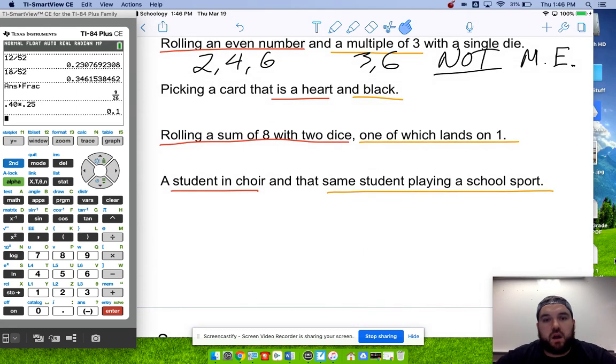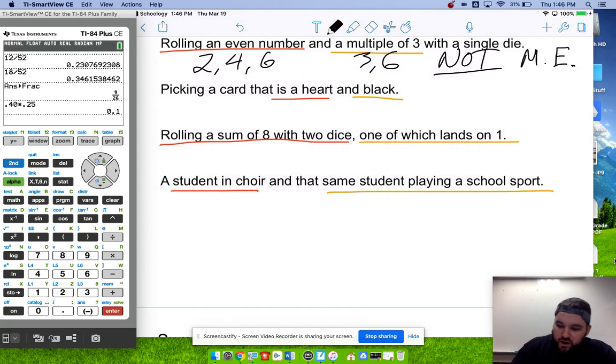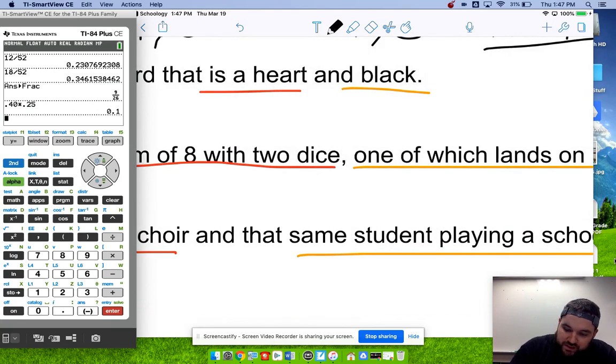Okay, how about picking a card that is a heart and that is black? Now, if you're not super familiar with a deck of cards, this can be a tough question to answer, but every heart in a deck of cards is by default red. So these two things cannot occur together, which means these events are mutually exclusive.